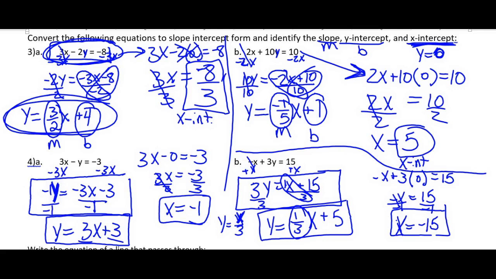We want to actually have the m as the coefficient of x, not have our x within this fraction. That's an ugly x. X over 3. That's what we don't really want. So mathematically they're the same, but this is the way we want to do it. 1/3 x plus 5. So slope is 1/3. Y-intercept is 5. X-intercept, when you plug in y equals 0, you get negative 15.